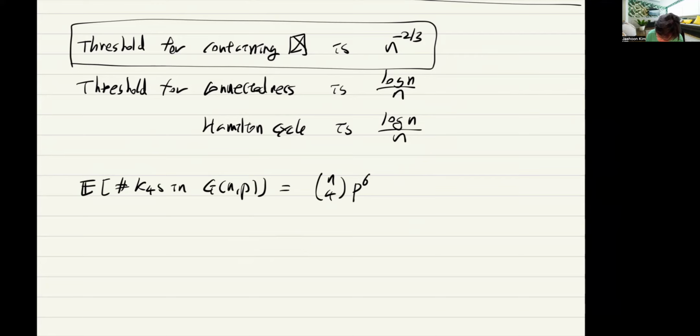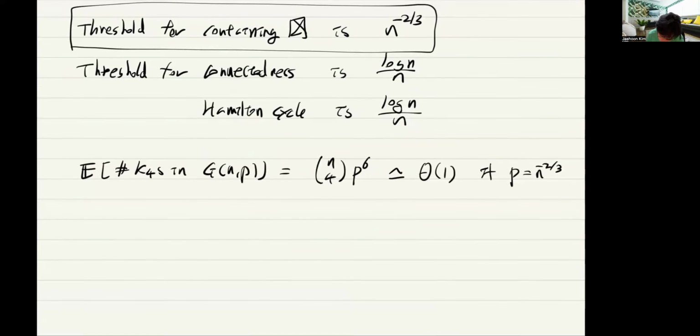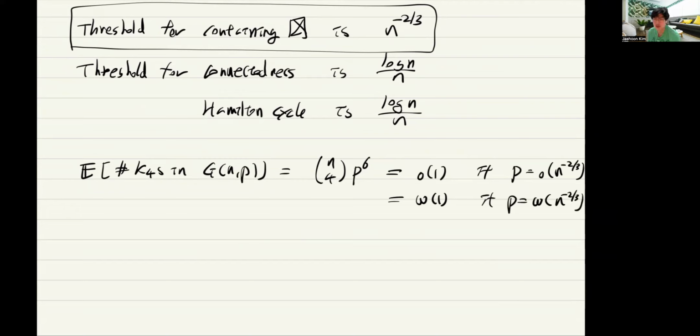So this is roughly constant if p is n to the negative 2 over 3. Moreover, you can say that this is o(1) if p is o(n to the negative 2 over 3), and this goes to infinity if p is much bigger than n to the negative 2 over 3.